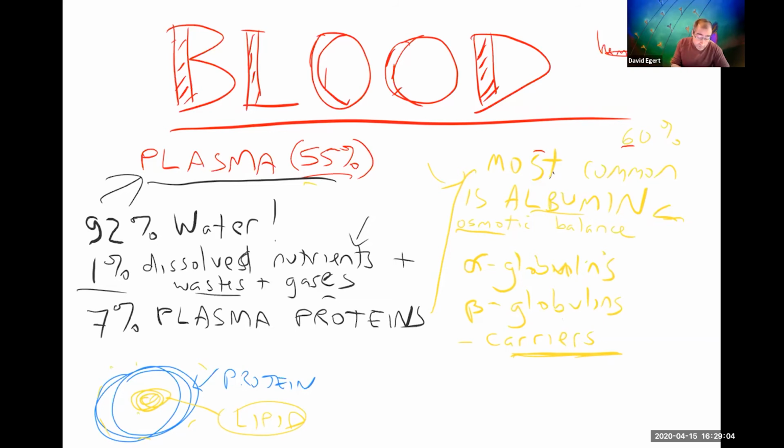We'll talk about a variety of these lipoproteins later. There are high density lipoproteins and low density lipoproteins involved in moving fats in and out of your system. There are chylomicrons, which we're going to see, that are important for absorbing the fats from your digestive system. So we'll get back to these.